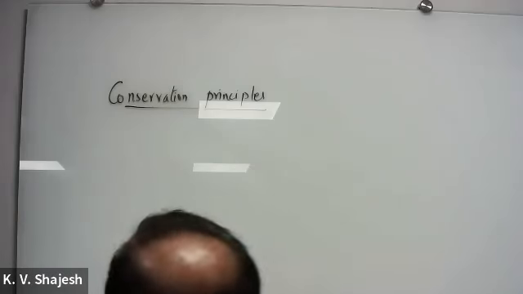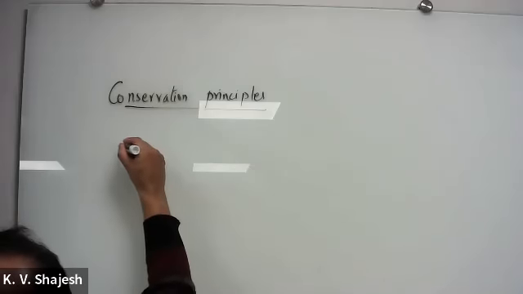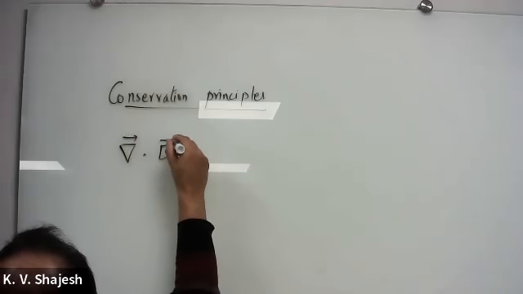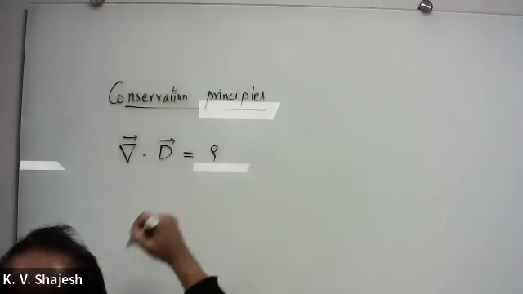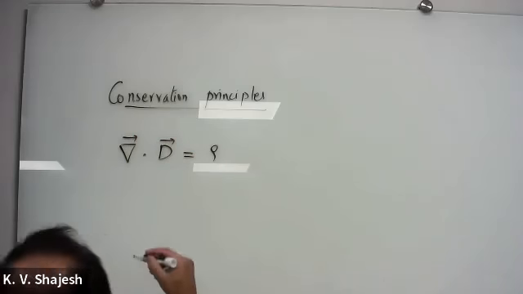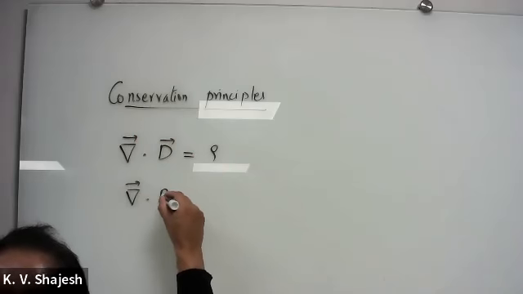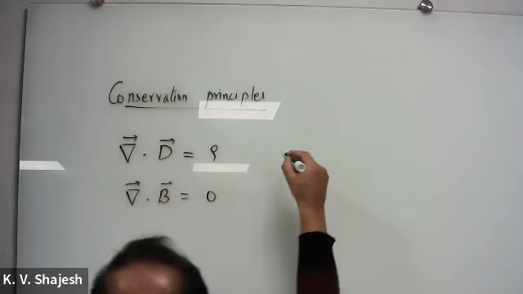So let me write down the Maxwell's equations. Del dot D is equal to rho, and del dot B is equal to 0.